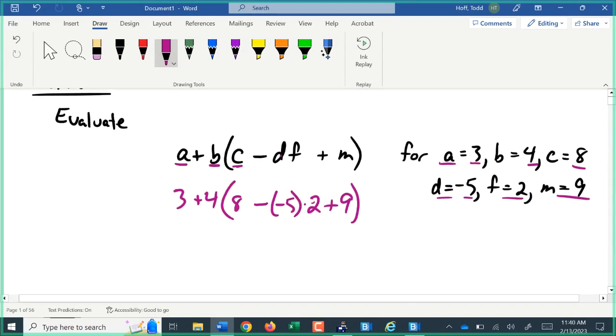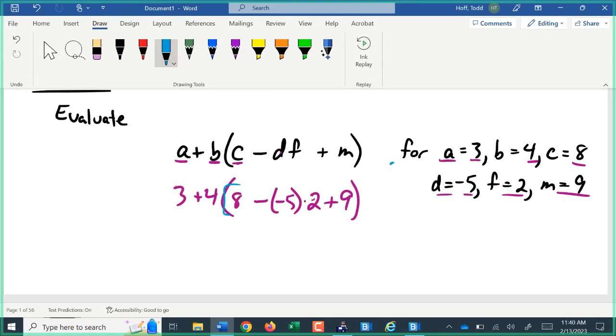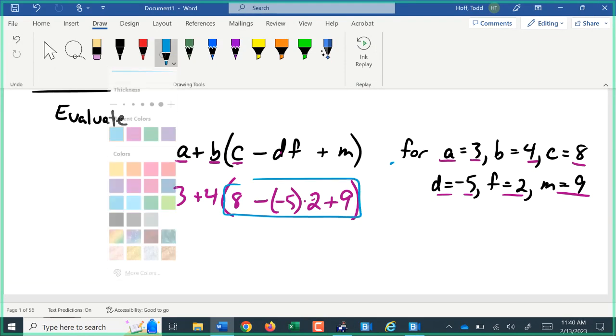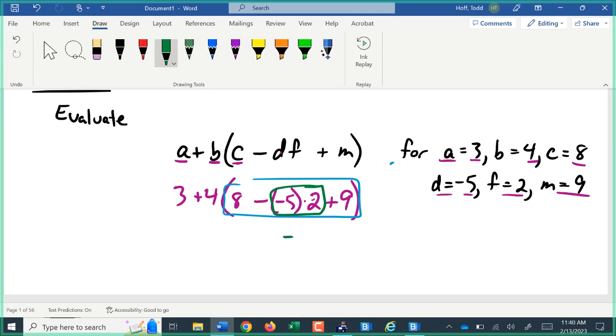And then from this place, it's just order of operations. We start inside the parentheses, and in there we're going to do the multiplication first. Negative 5 times 2 is a negative 10. Now it's still negative, so I'm going to keep it in parentheses for now. And notice this negative is outside of what I circled there, so that's still there. That subtraction is still there, plus 9.